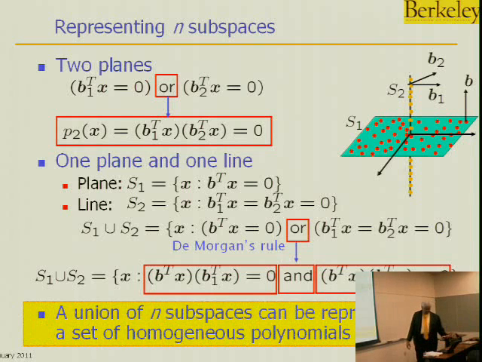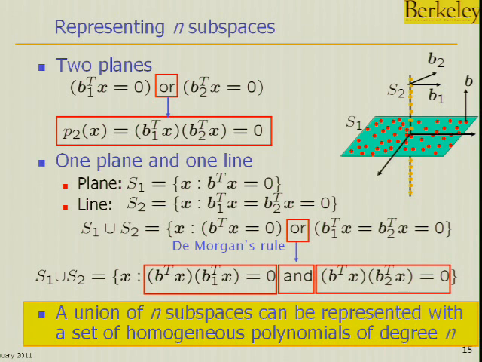So that's why a union of n subspaces can be represented by a set of homogeneous polynomials. Does everybody know what homogeneous means? Homogeneous means that if you look at every term and you add up the powers of all the components of x that show up in it, it's the same number. So for instance, if you have polynomials in x and y of order n, you have x to the power n minus 1 times y, and x to the power n minus 2 times y squared.